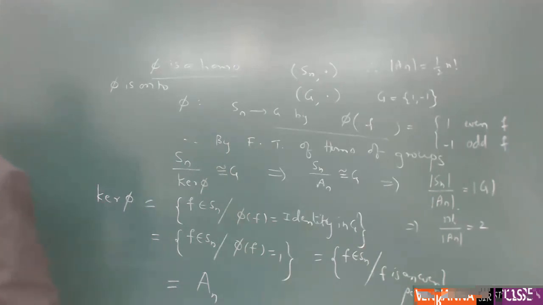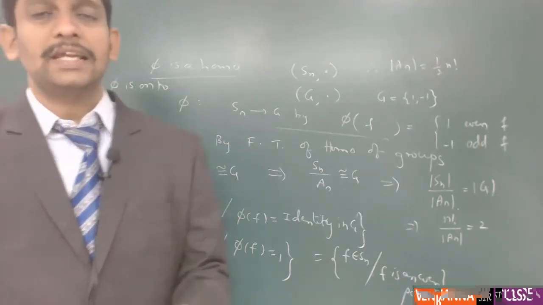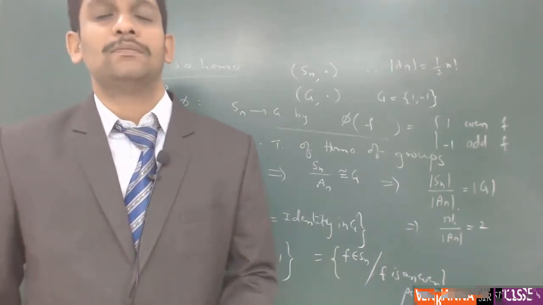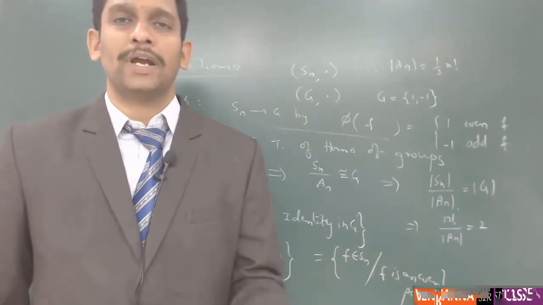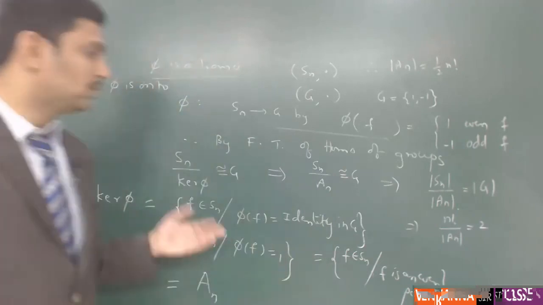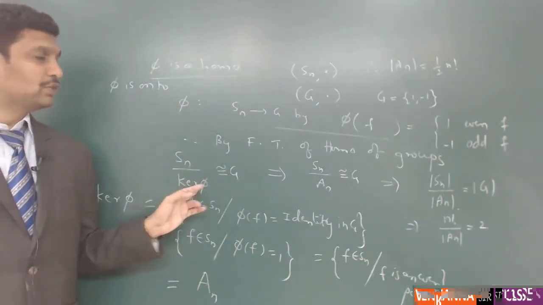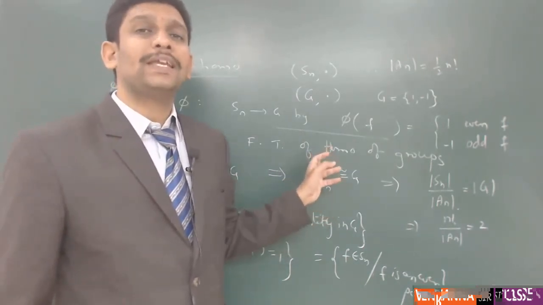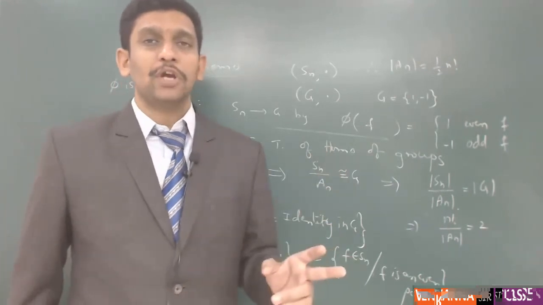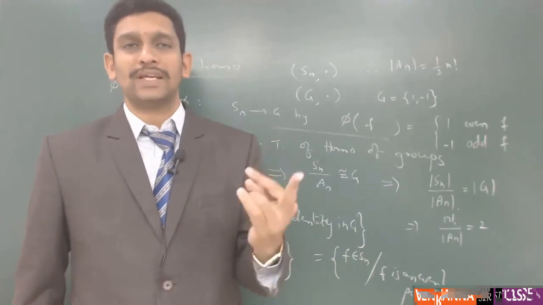And one more thing: as you know, whenever you have a homomorphism, the kernel is always a normal subgroup. You have proved that the kernel of f is a normal subgroup in the domain. Since the kernel is a normal subgroup, and here the kernel is nothing but An, An is a normal subgroup in Sn. So at a time you have proved two results. One, An becomes a normal subgroup of Sn.